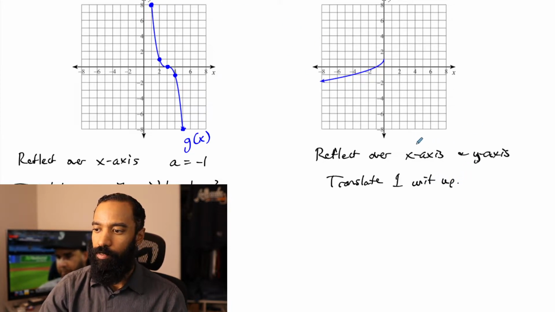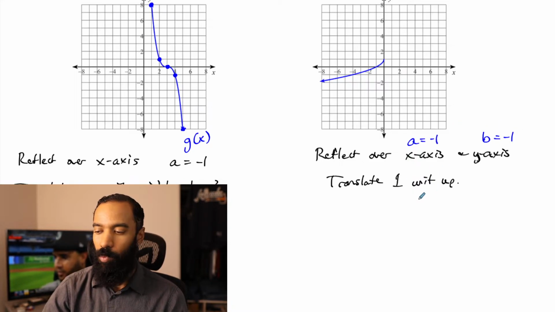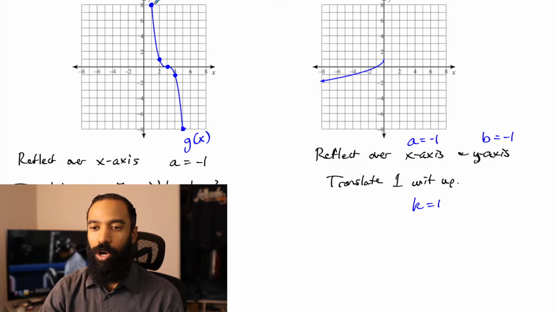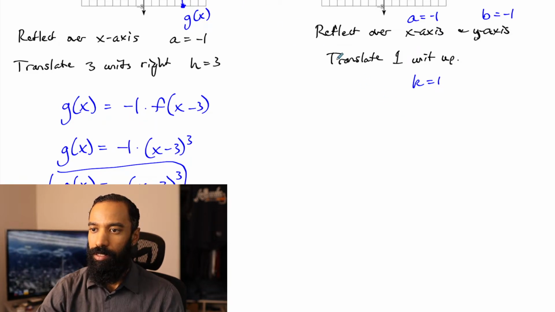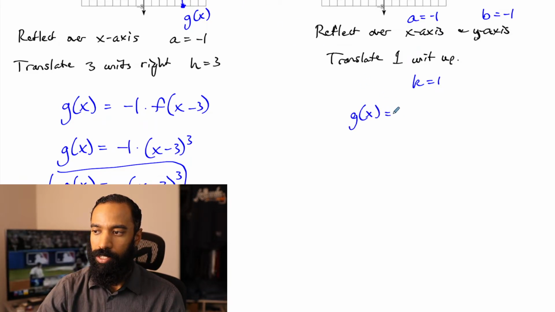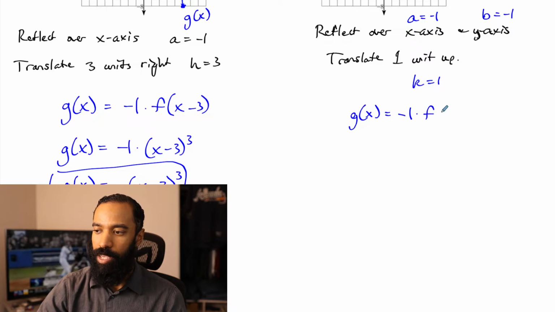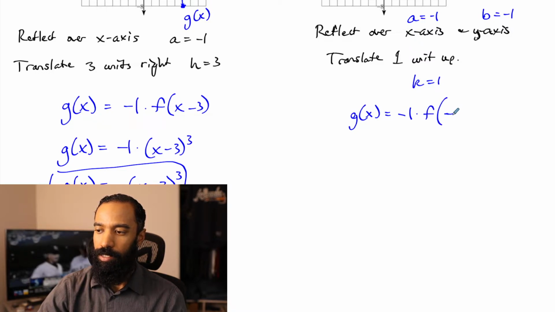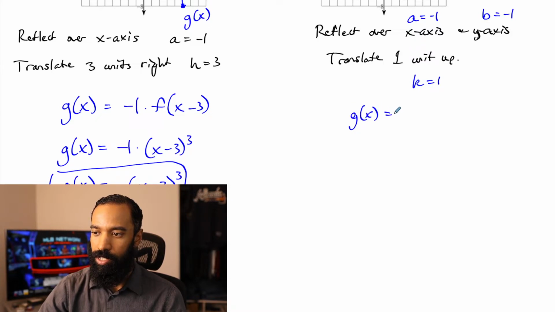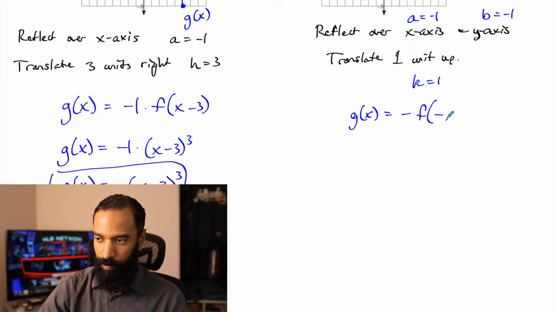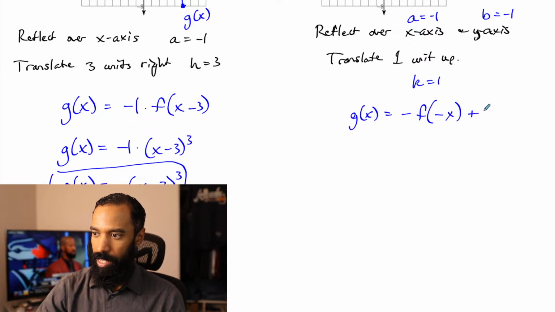So reflect over x-axis, that's an a of -1. Y-axis, that's a b of -1. Translate 1 unit up, that's a k of +1. So with f of x being square root of x, g of x is -1 for a times f of -1 for b times x, and then +1 right there.